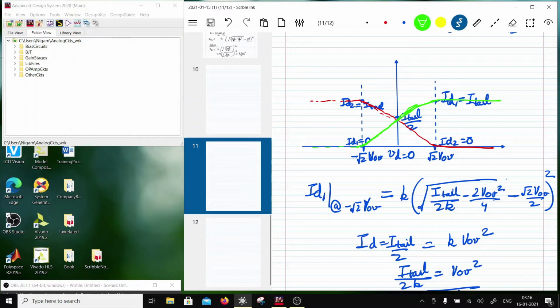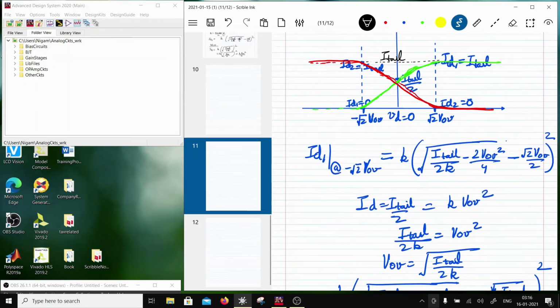So I can draw it like that and like this. And this value is I tail. Sorry. Okay, so this is how a translinear cell works.